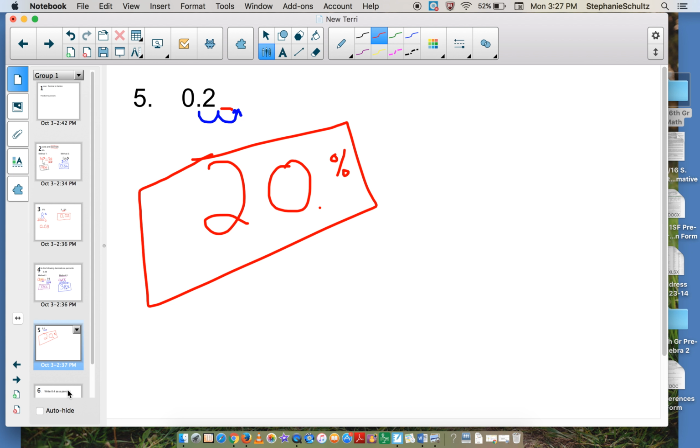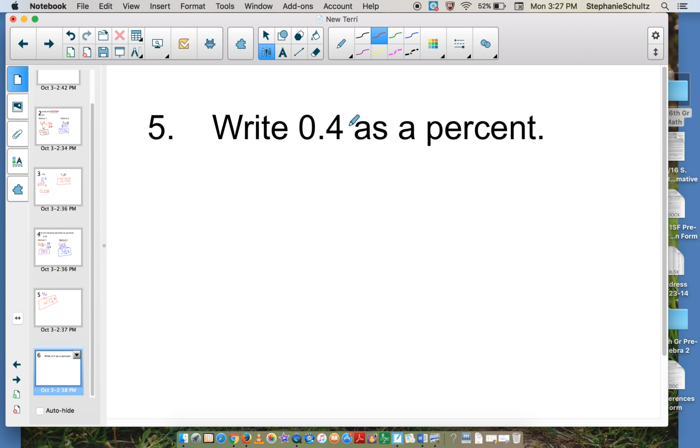And then the last problem is a word problem. In essence, if you read it, it's simply just asking you to change 0.4 into a percent, which again, if you move the decimal to the right 2 spots, you will realize that, again, ready?